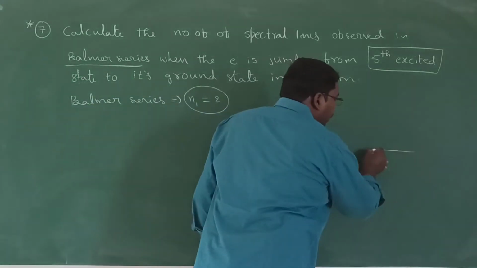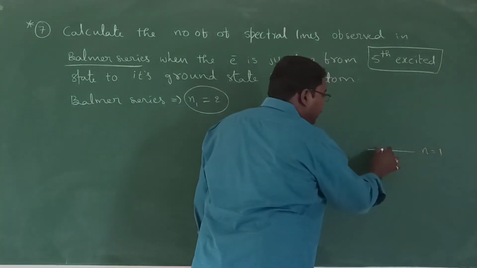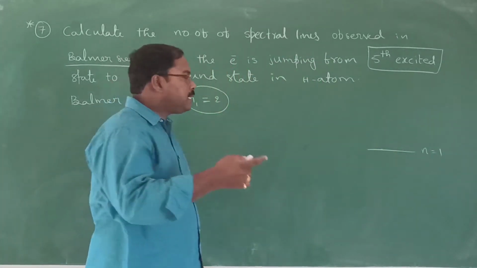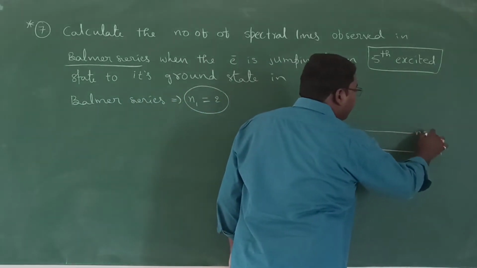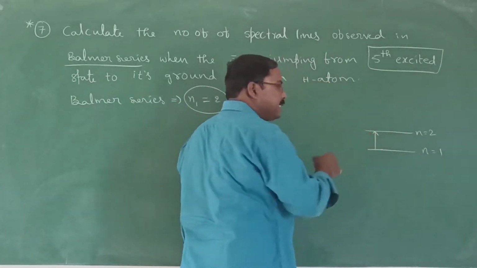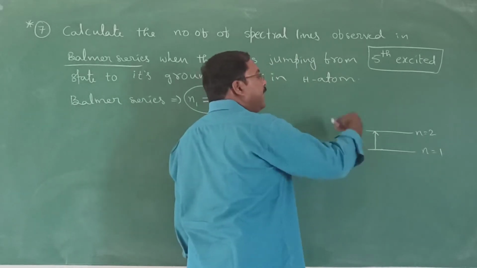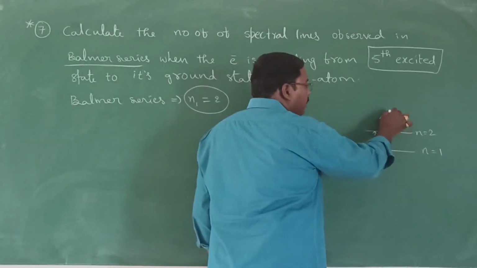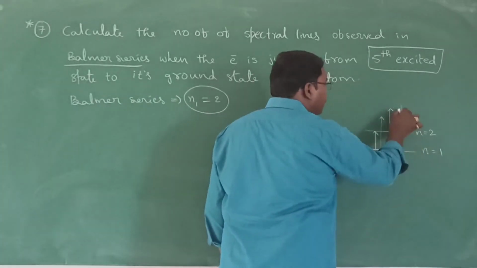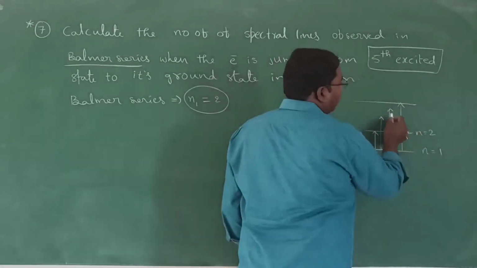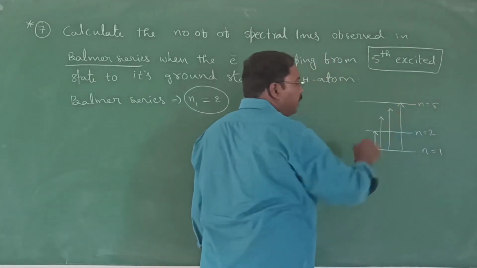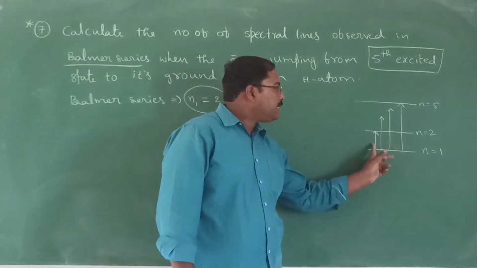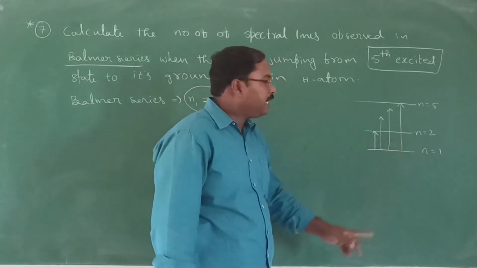We know in the case of hydrogen atom, the electron is present in the first orbit. What will be its first excited state? When it jumps to the second orbit, that is its first excited state. Second excited state means when the electron jumps to the third orbit. This is the fourth, this is the fifth. When the electron jumps to the fifth orbit, we say it is the fourth excited state.